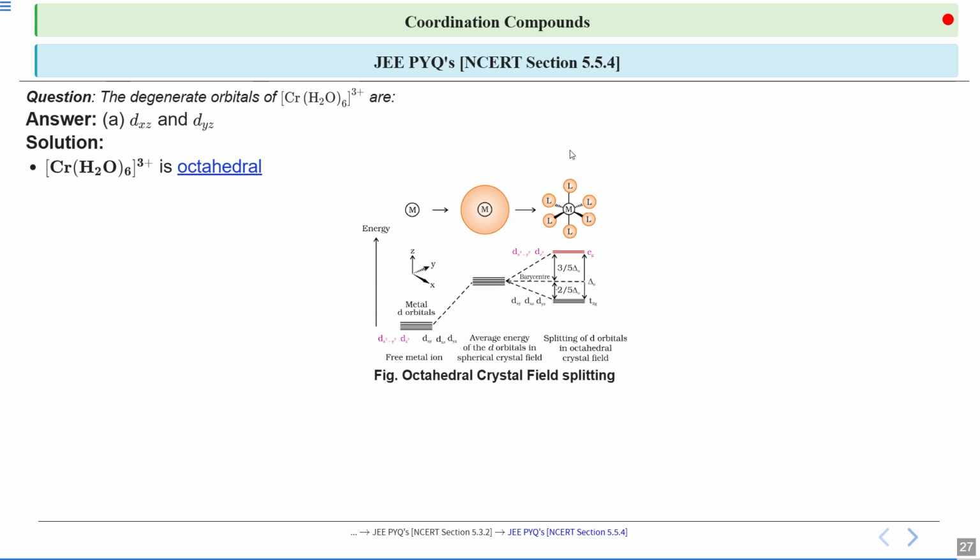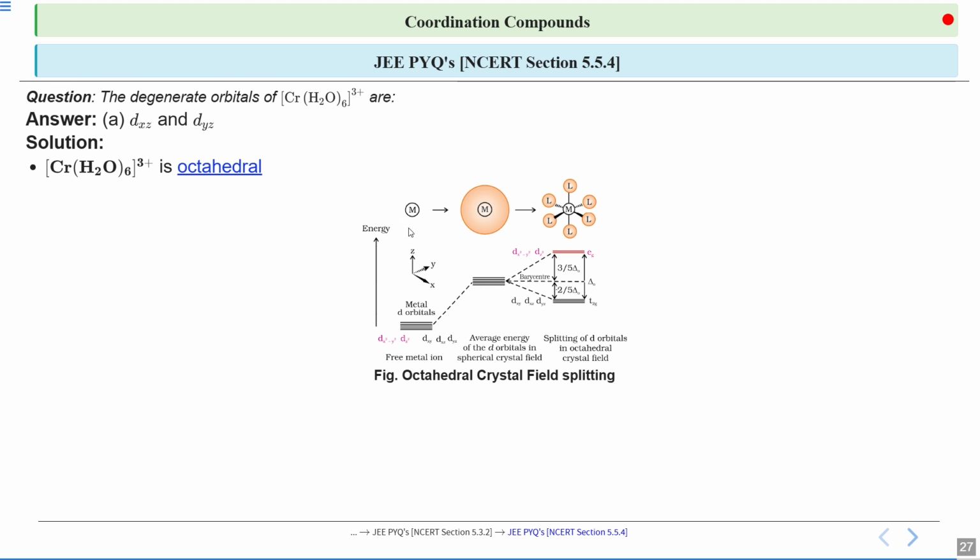This is a figure representing the octahedral crystal field, where we have the metal d orbitals: dx²-y², dz², dxy, dxz and dyz. These 5 metal d orbitals are degenerate, having equal or the same energy, in the case of the free metal ion.